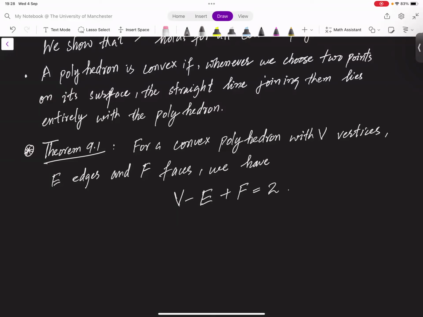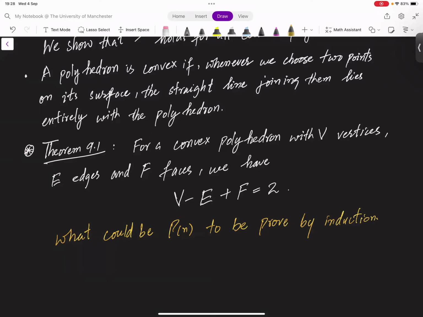Now we need to think about what could be the P of n. So the question is, what could be P of n to be proven by induction?